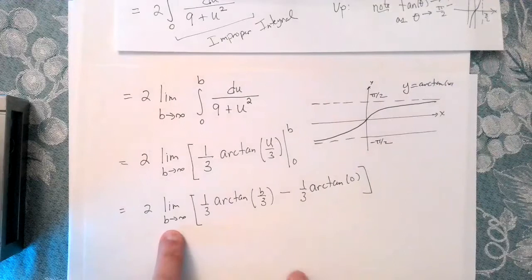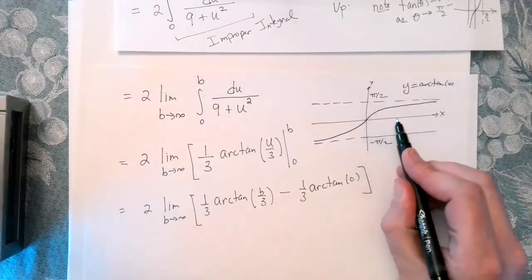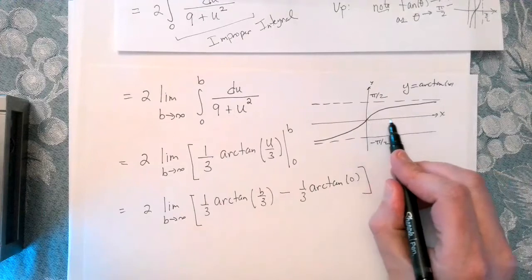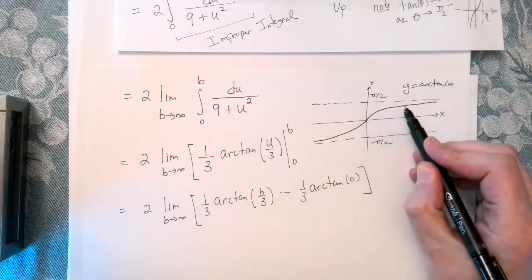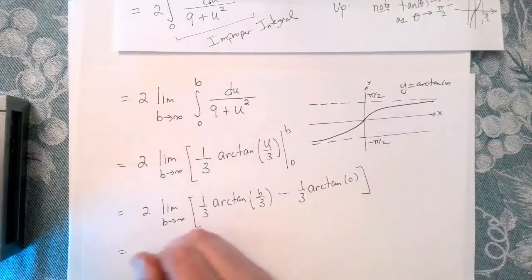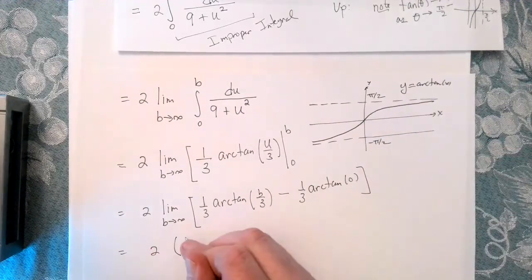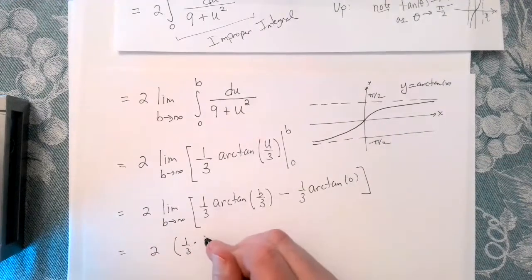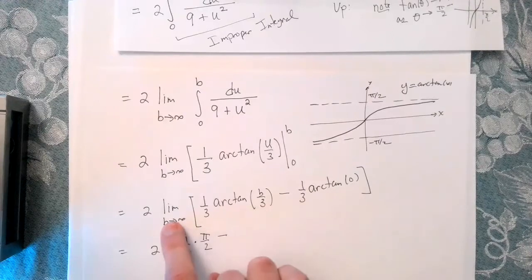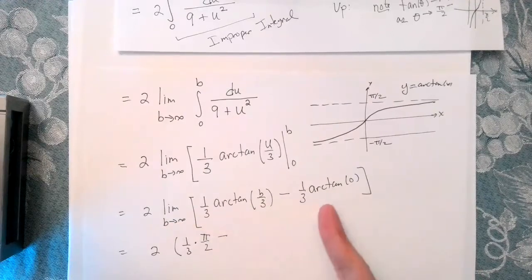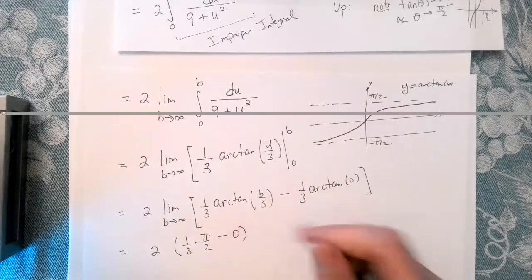So as the input gets arbitrarily large, that means if we run forever to the right, well, as this input gets arbitrarily large, the graph of arctan gets closer and closer and closer to pi over 2. Okay, so we got 1/3, we got pi over 2. And this will be 0. We know that the limit of a constant would be exactly that constant, in this case, 0.